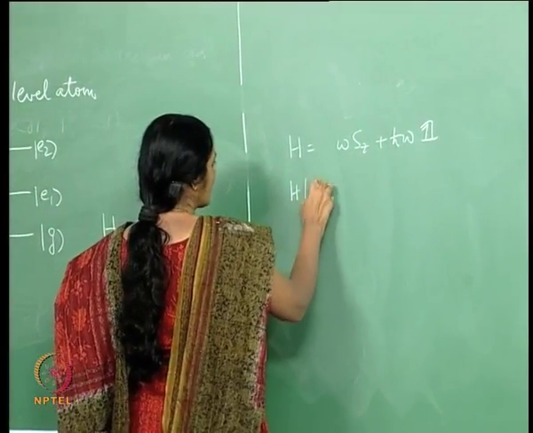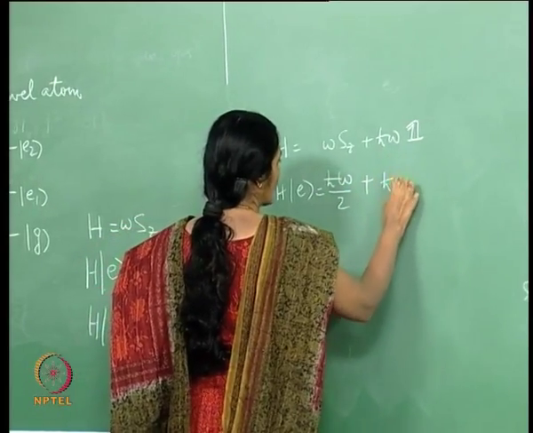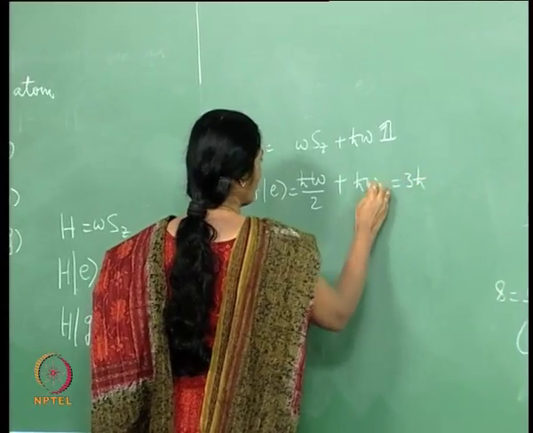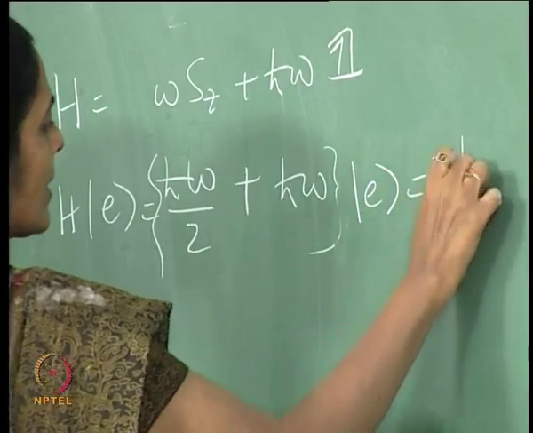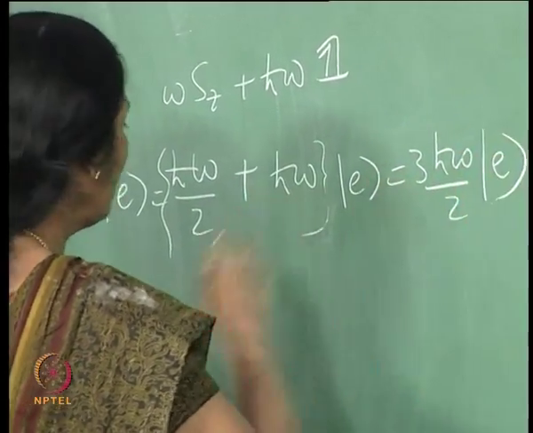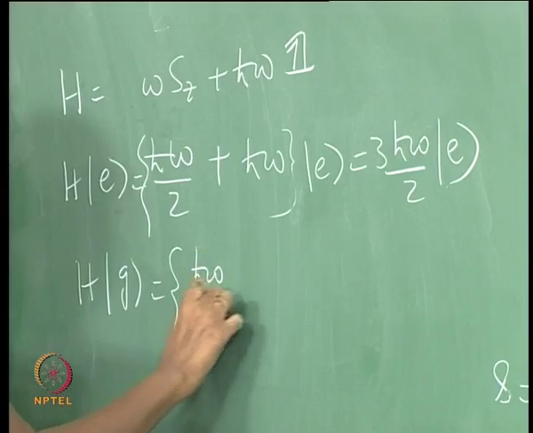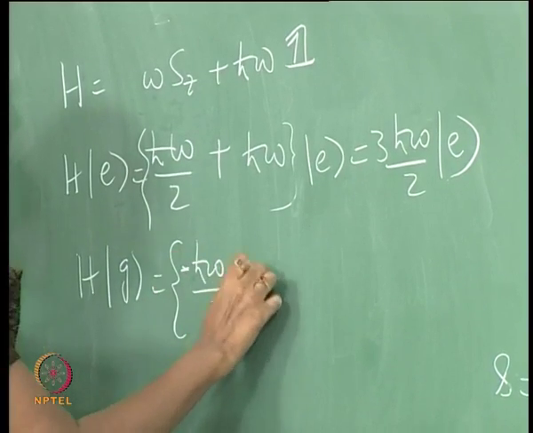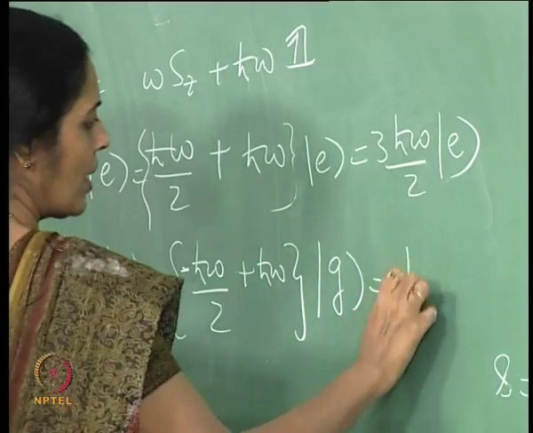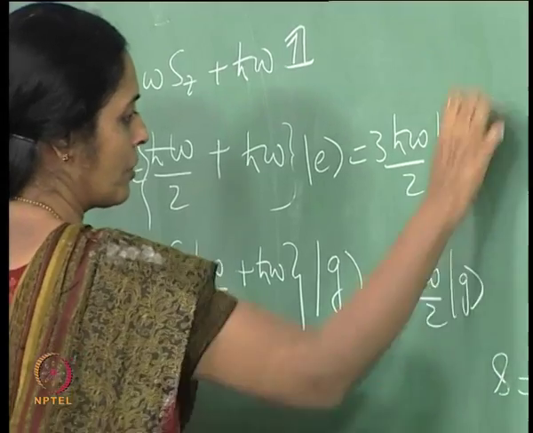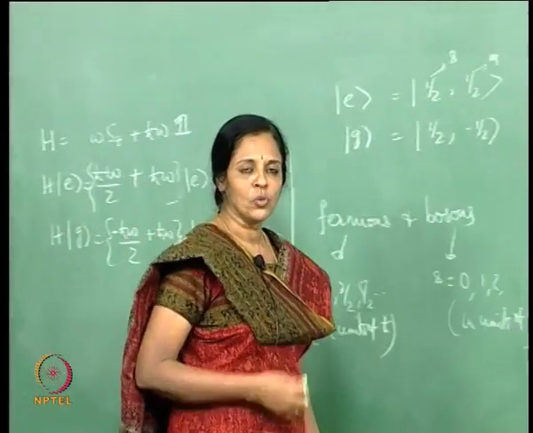In that case, it is clear that I pick up an extra h cross omega from here, and therefore I will have a net energy value 3 h cross omega by 2 E for the excited state, and for the ground state I have h cross omega by 2 with a minus sign there plus h cross omega, and that is the same as h cross omega by 2 G, which is a positive quantity. So this is how I would construct the Hamiltonian for the 2-level atom.